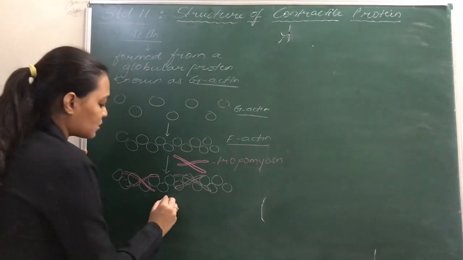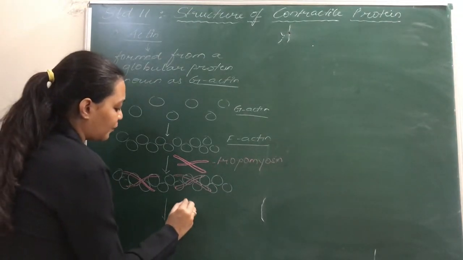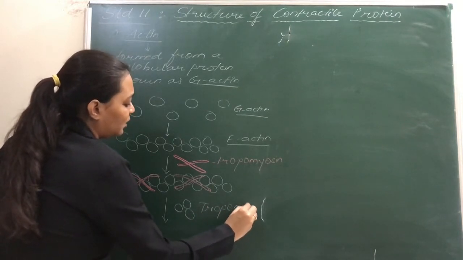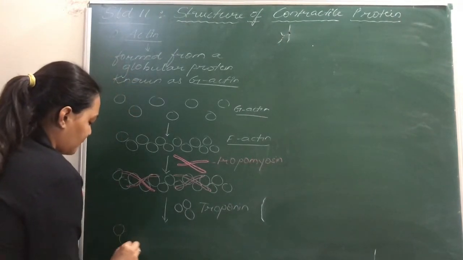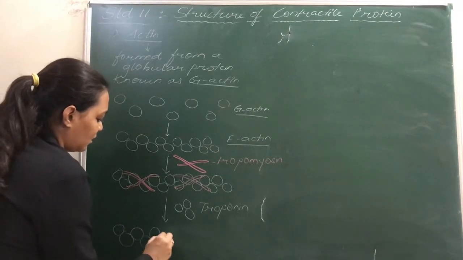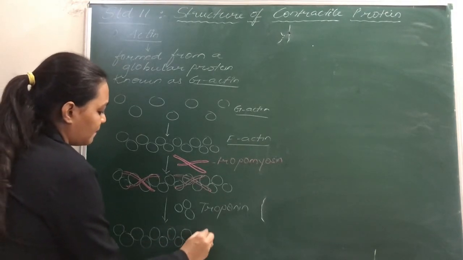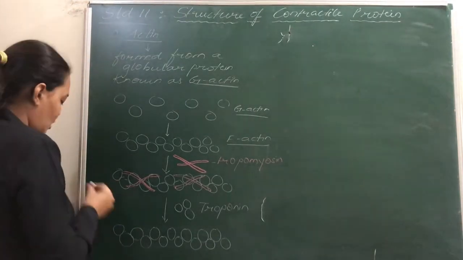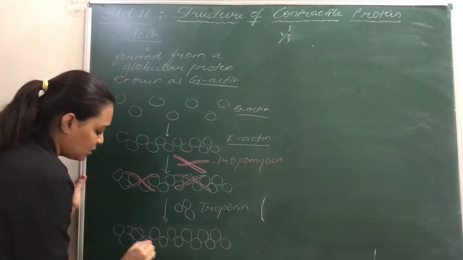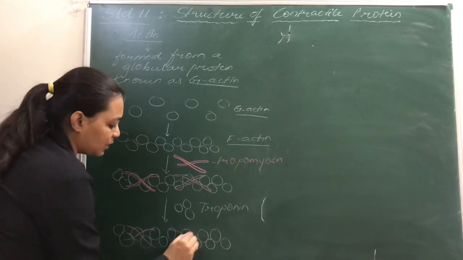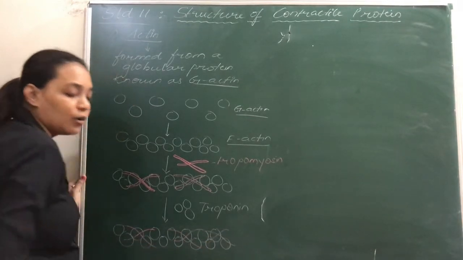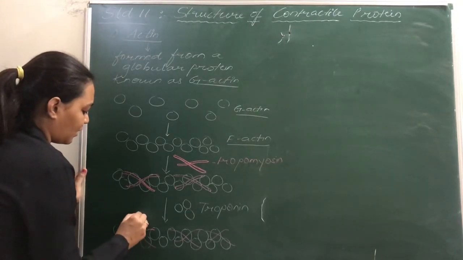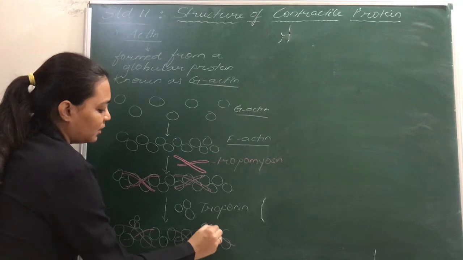Along with tropomyosin, there is one more globular protein attached, which is known as troponin. This is going to be the F-actin, on which at regular intervals there is tropomyosin, and one more protein that exists is known as troponin.